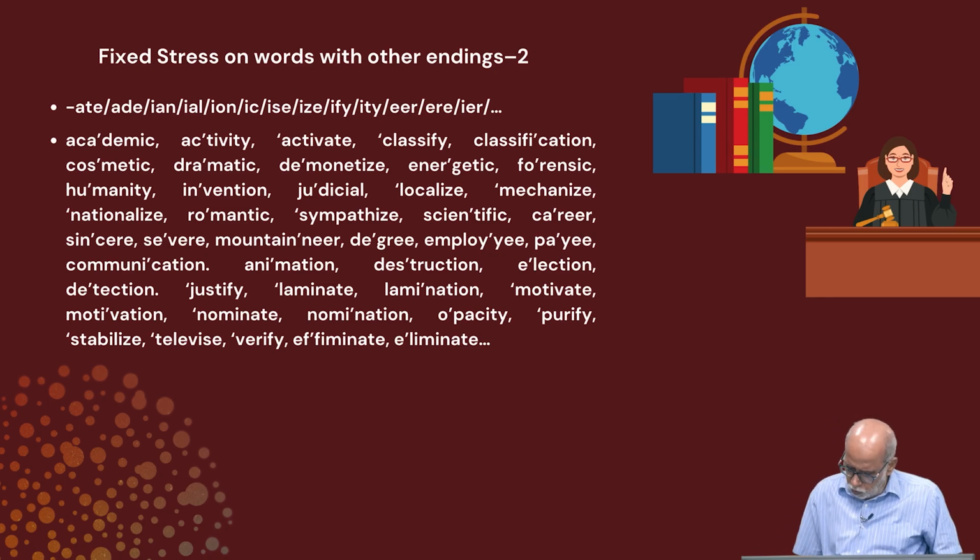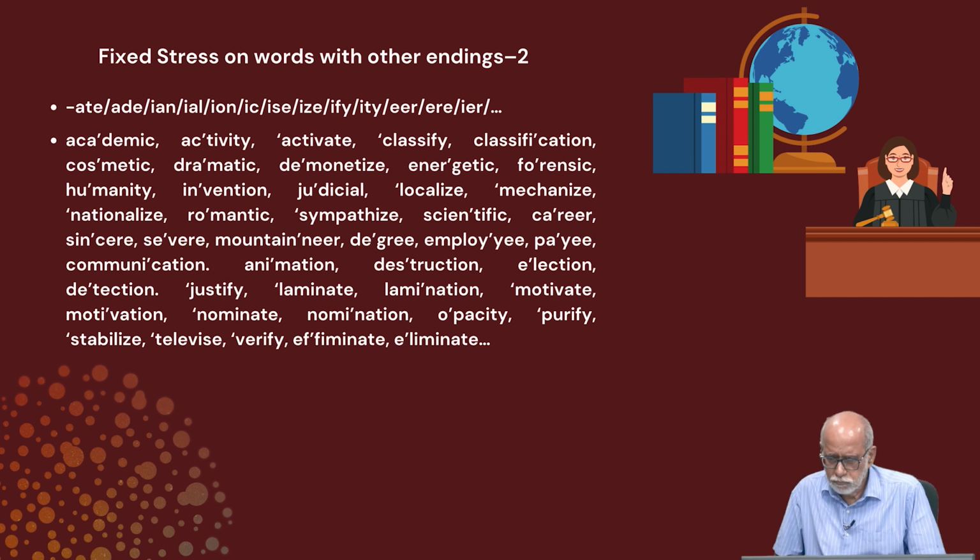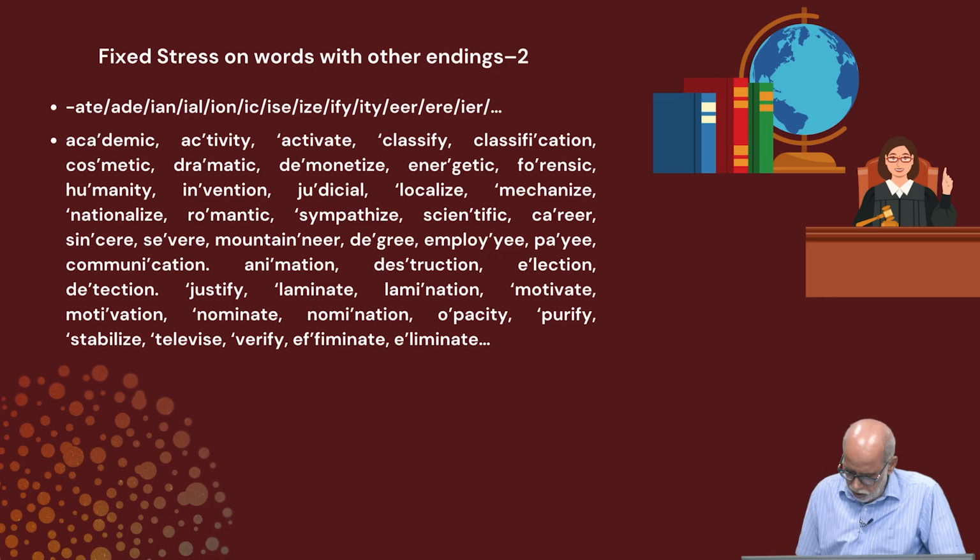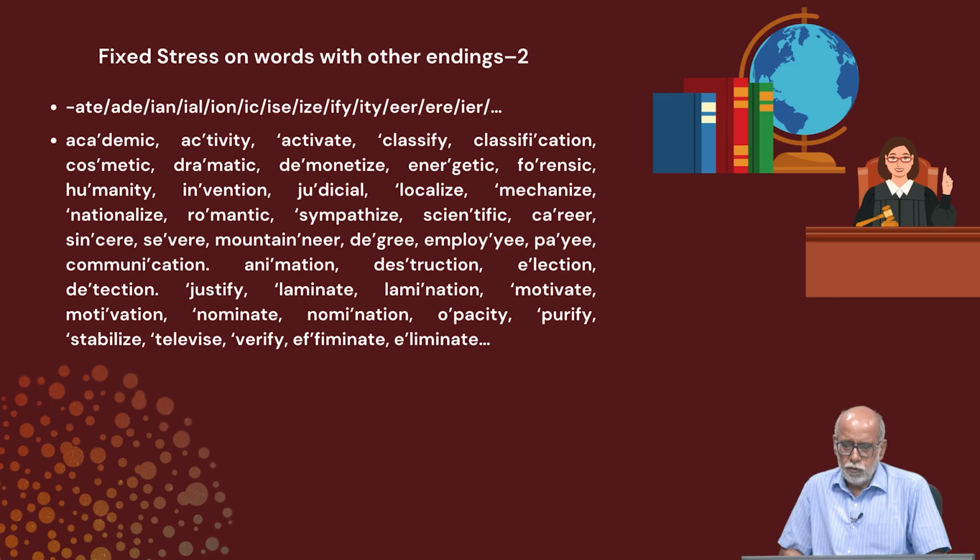Okay. So, it is worth your while. Just a small test, I am sure it should not be difficult for you. Look at these words, mark stresses first and then check with the dictionary or with the answers I have given on the next slide.